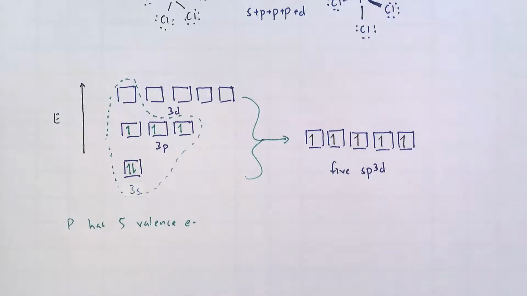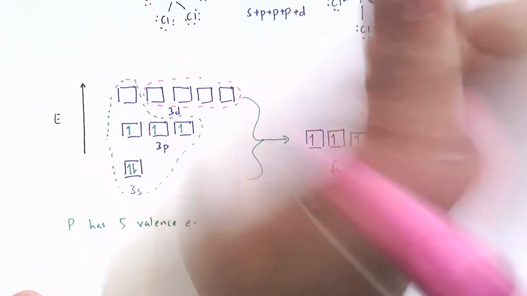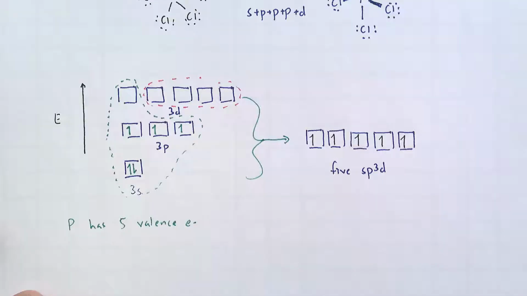Another possible question is: how many d orbitals are unhybridized? Well, these 4 we didn't mix. So you'll just copy them in the same level.